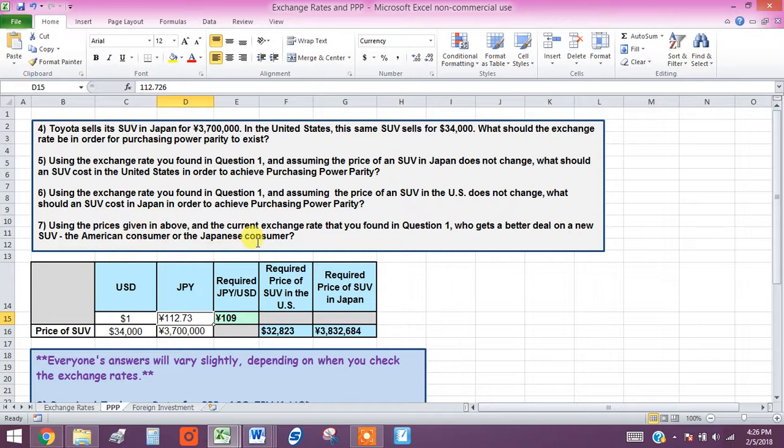Well, we can see that the Japanese consumer is actually paying less than what they should pay if there was purchasing power parity, and the U.S. consumer is paying more.